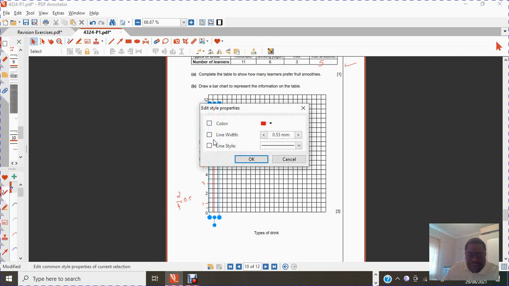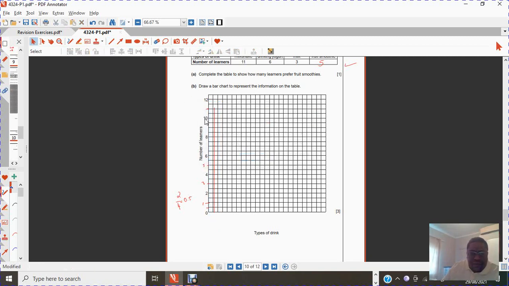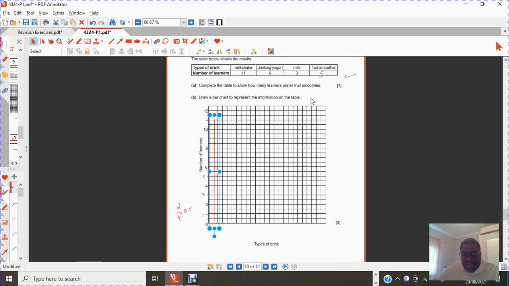Okay, let's do this. This is a little bit out. Well, I'll come to that part. And then yogurt is 6. I just want to draw lines for now. I'm going to skip, I'm going to take 2 and I'm going to take another 2.